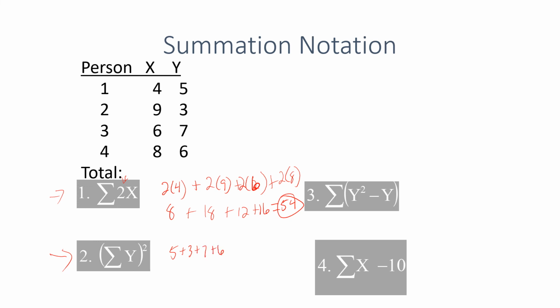We're going to do the addition first, and then we will square that. So what do we get? 21 squared. And I should know 21 squared off the top of my head. It is 441.